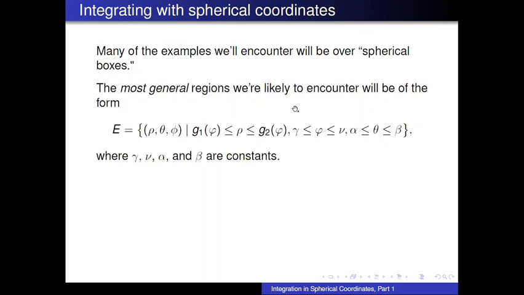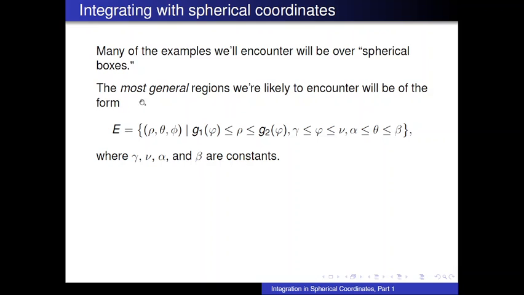That's the worst case scenario we're likely to encounter in this class. But most of the nicest examples are over spherical boxes, and you'll be pleasantly surprised about how cool some spherical boxes look.